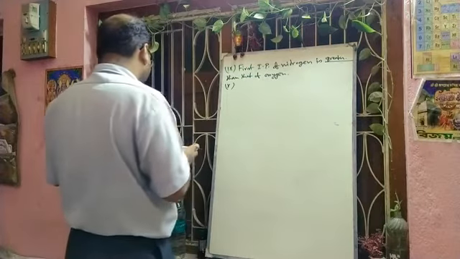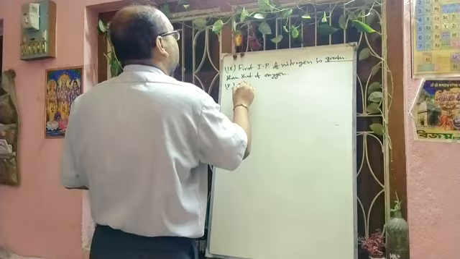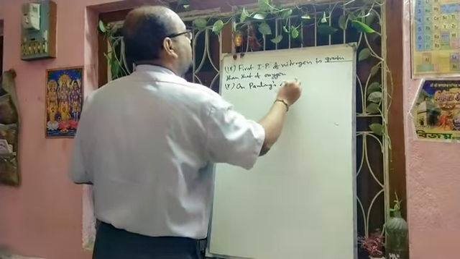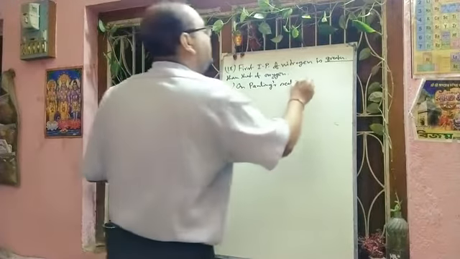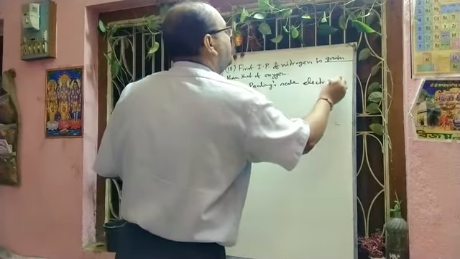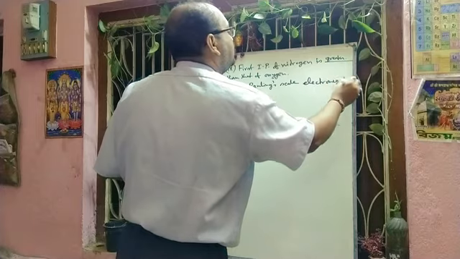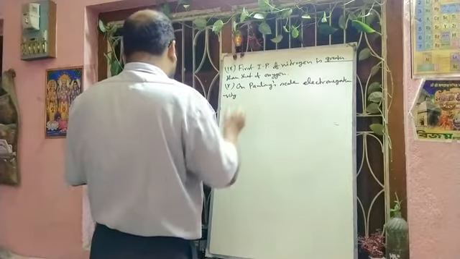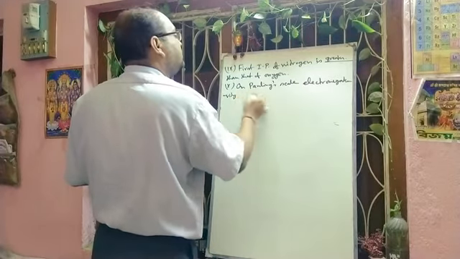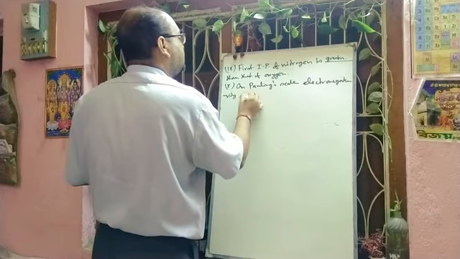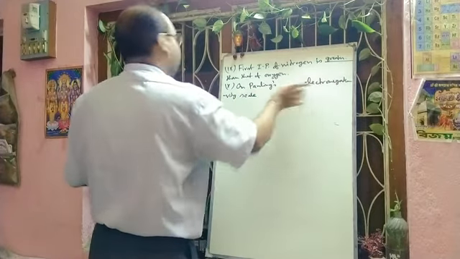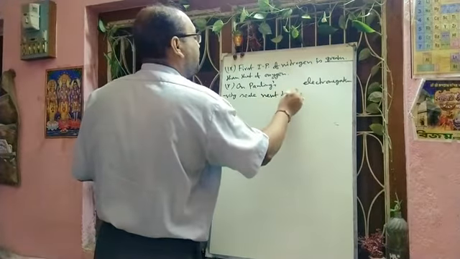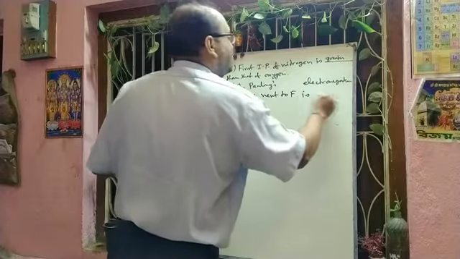Next question, that on Pauling electronegativity scale next to fluorine is dash.